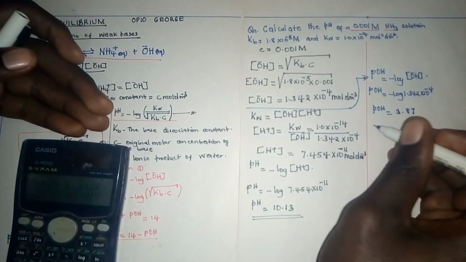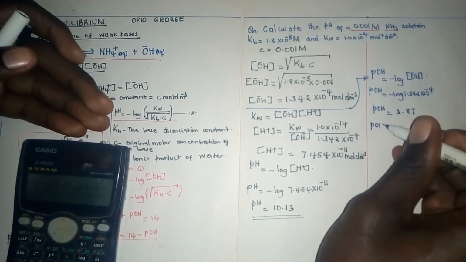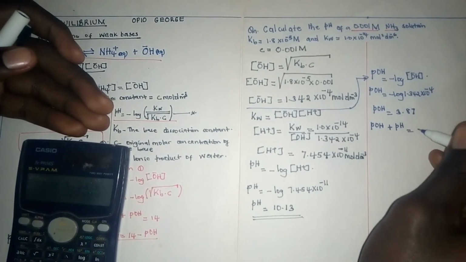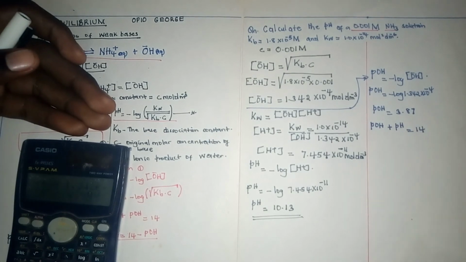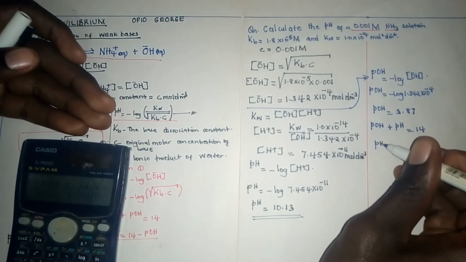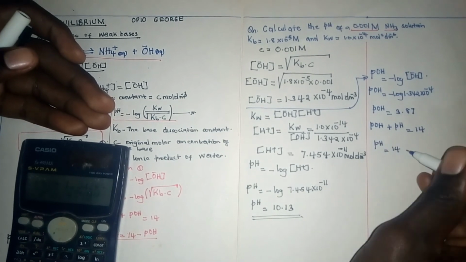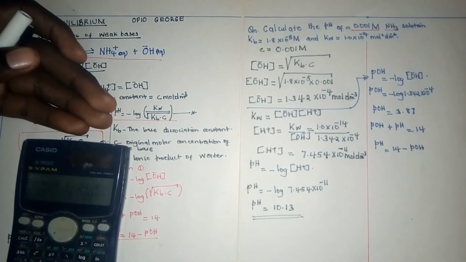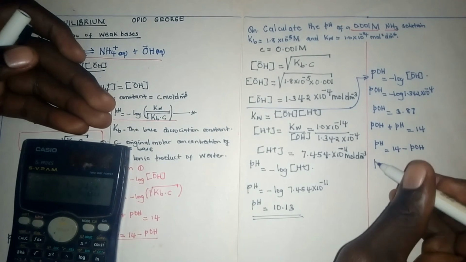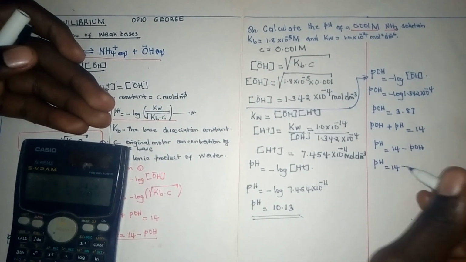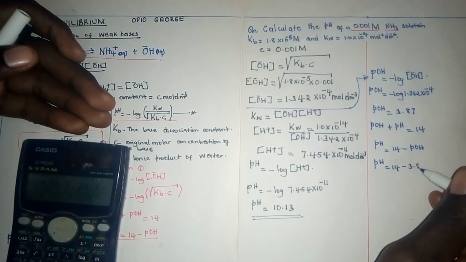Then now we have that pOH plus pH is equivalent to 14. That is from our pH scale that we calculated at 25 degrees Celsius. So pH can be obtained from 14 minus pOH. We substitute for the value of pOH. This will be 14 minus 3.87.